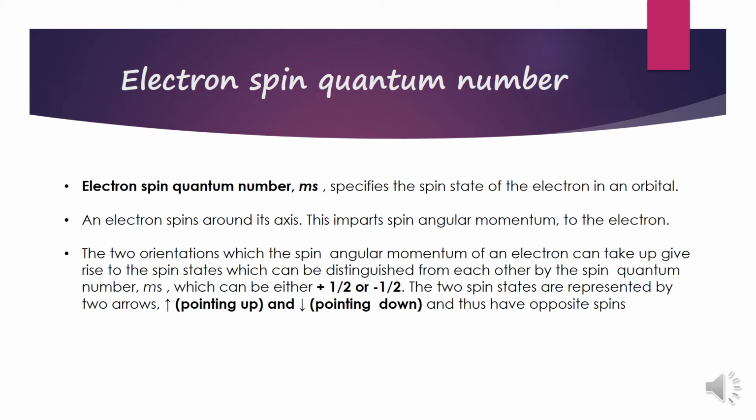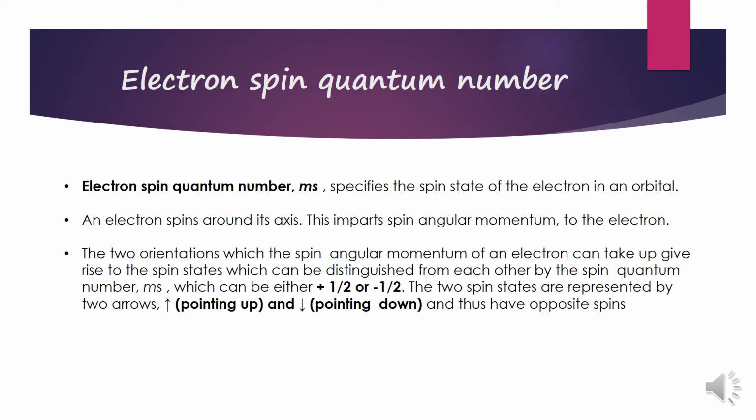For understanding this, let's take one example. Children, every subshell has a definite number of orbitals, and in each orbital a maximum of 2 electrons can be accommodated. One electron spins clockwise, another electron spins anti-clockwise. The value of ms for the electron rotating clockwise is plus half, and that electron is denoted by an arrow pointing upwards.